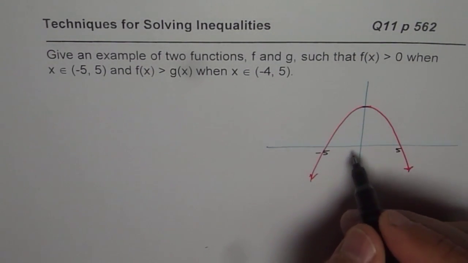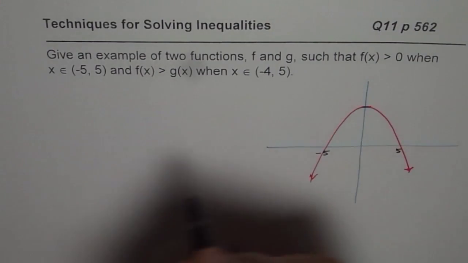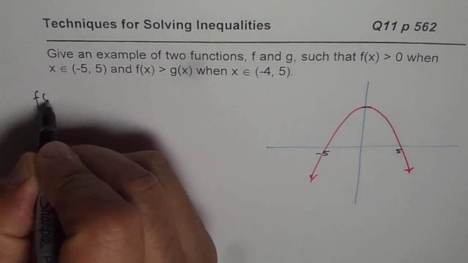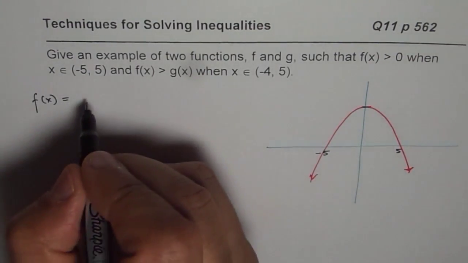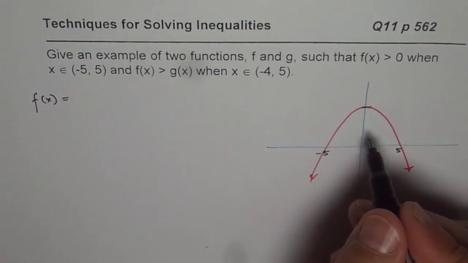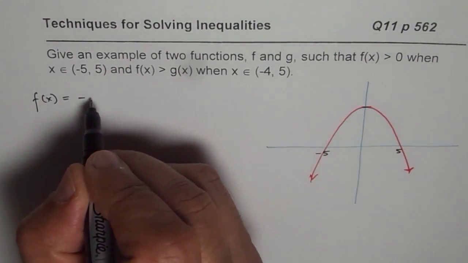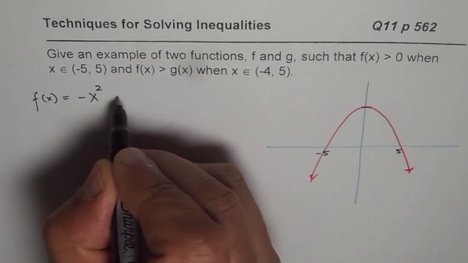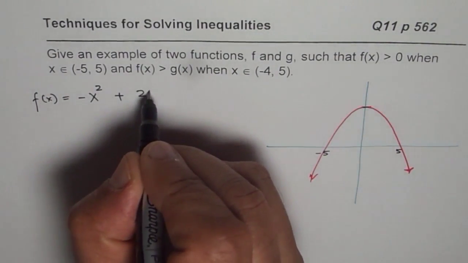So if I do square root of 25, it works, right? So x squared, and since it's going downwards, f of x is minus x squared, because opening downwards, plus 25, right?